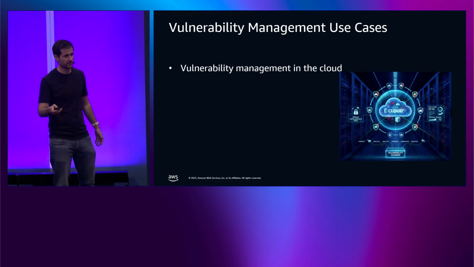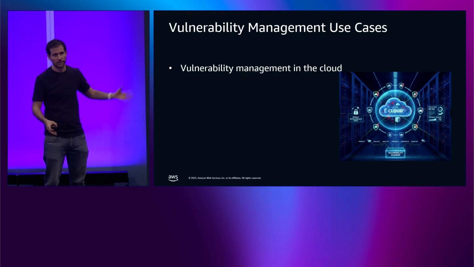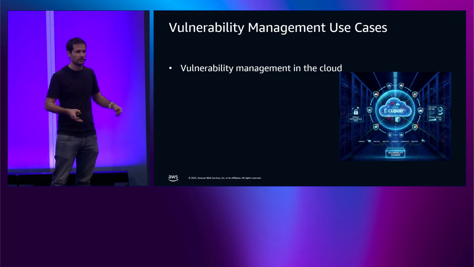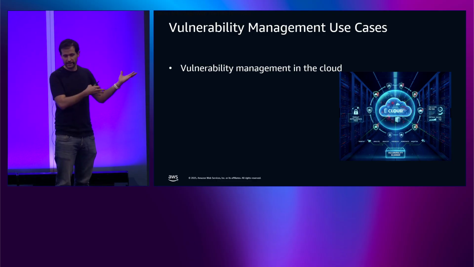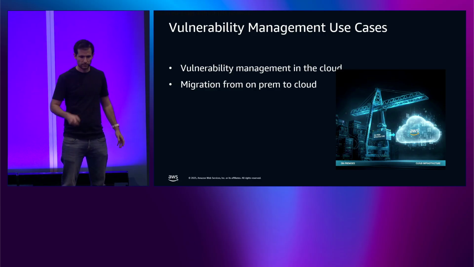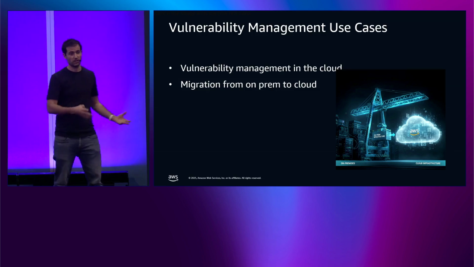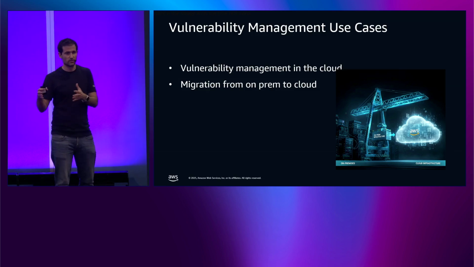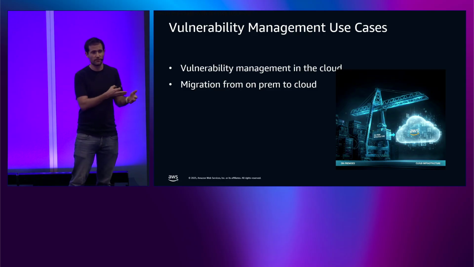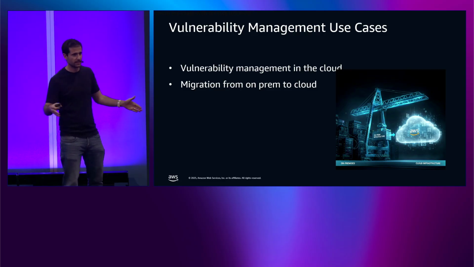What use cases are we trying to solve? So first of all, you have assets in the cloud. You want to know what vulnerabilities they have. We do it relying on the same vulnerability database that we talked about before. We can support migration from on-prem to cloud, because during this process, it can be challenging to have a continuous view of what's the current state of your risk.